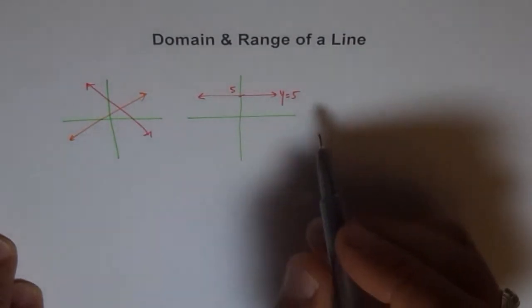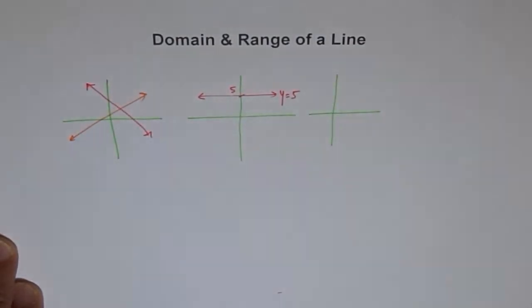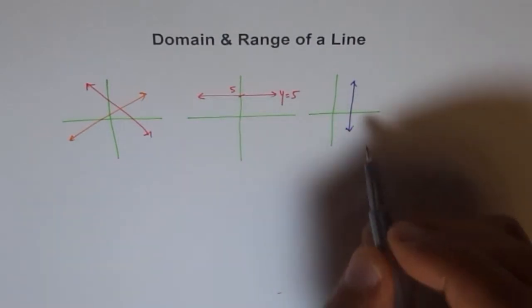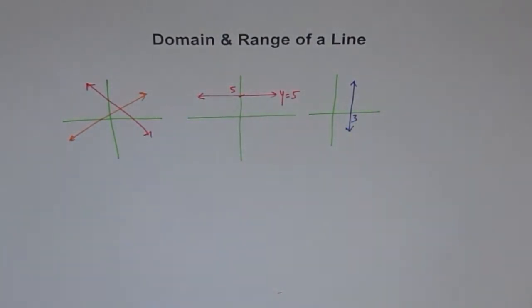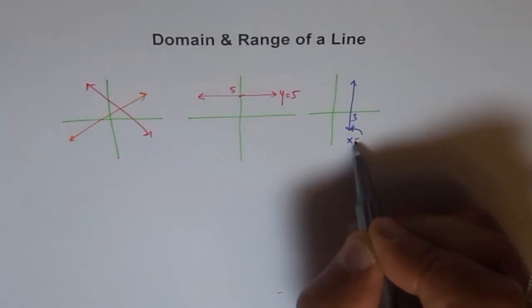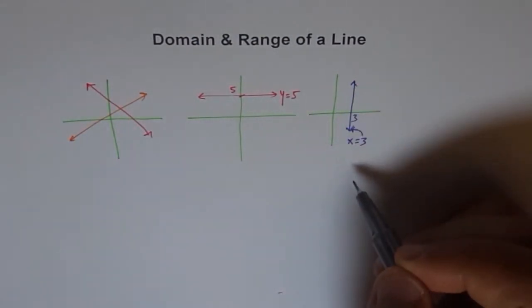Now let me consider one more line, and this time, not a horizontal line, but a vertical line. Let's say this vertical line is going through point 3. In that case, what is the domain and range? It's only valid for x equals 3, and it is not even a function because it fails the vertical line test.